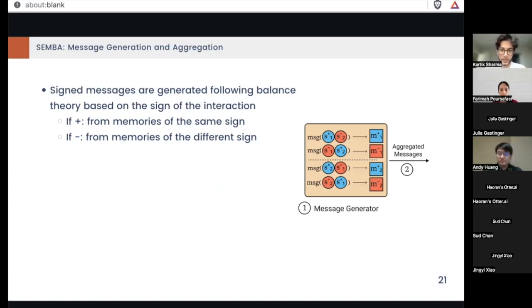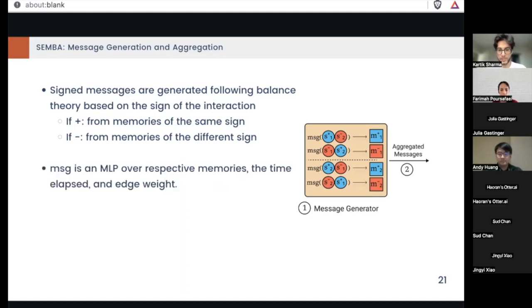These respective memories are combined in an MLP, along with the time elapsed since the last update and the edge weight, and we get a message for each of the nodes. We get different messages for different nodes based on the time elapsed differences and the memories.